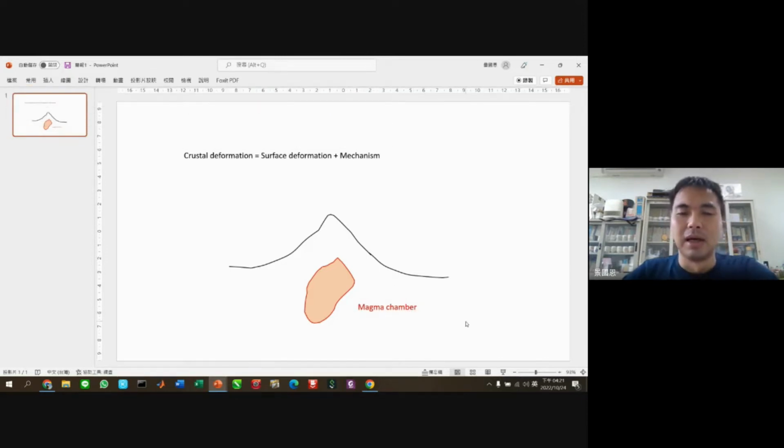Okay, and after the eruption of the volcano, what will we get? We will find the size of the magma chamber will be decreased like this.